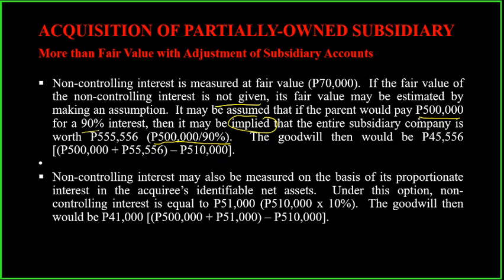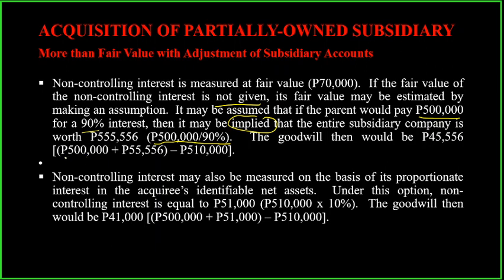If the parent is willing to pay 500,000 for 90%, for the parent, it means that he views the value of the subsidiary to be 555,556. Okay, this is now the total implied value of the subsidiary. So sabi, if that's the case, then the goodwill would be 45,556.